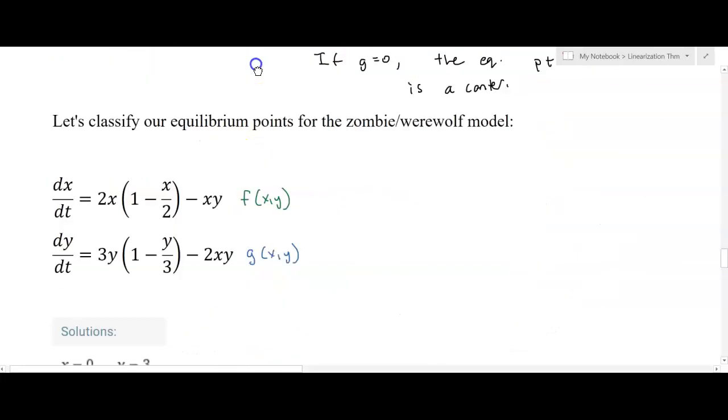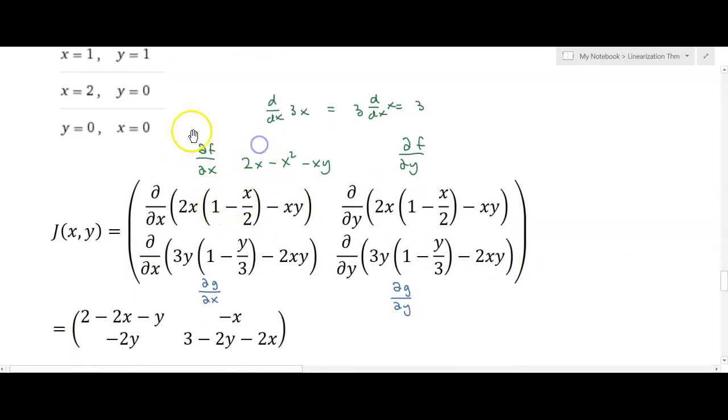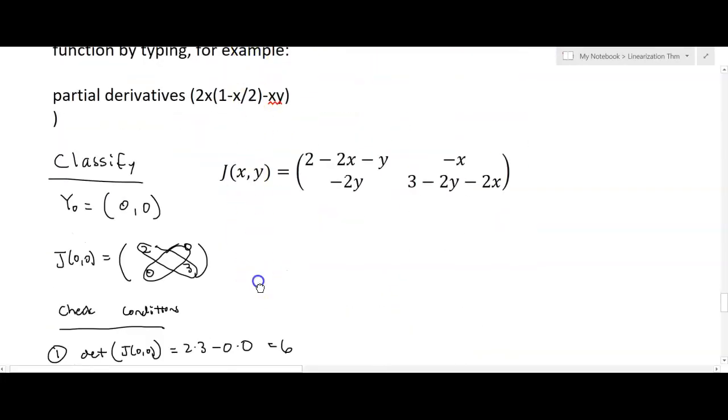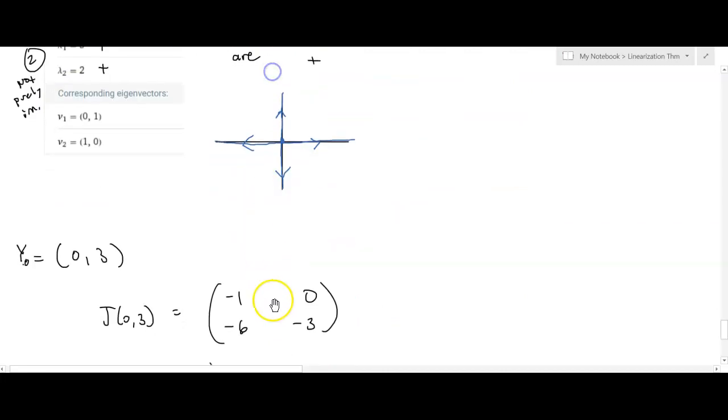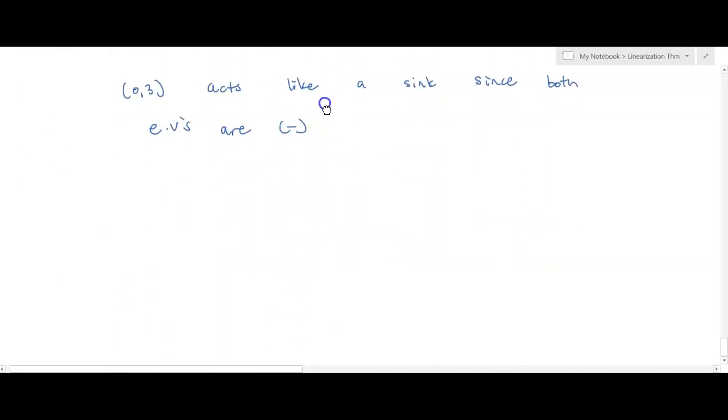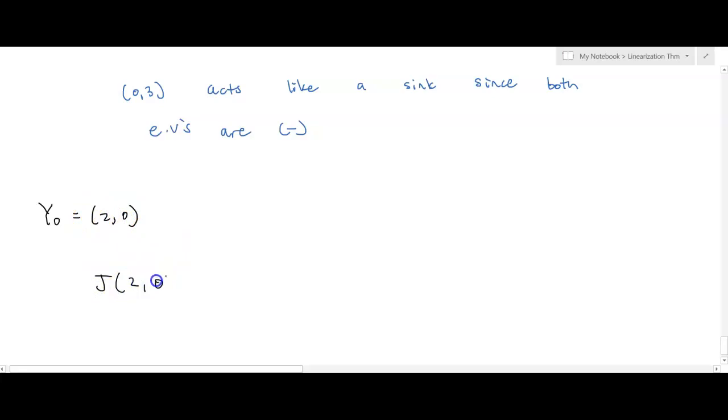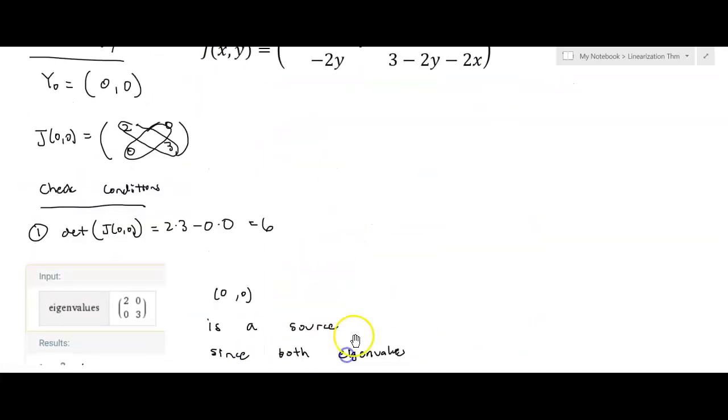And let's go ahead and do the last two. So 2, 0 is another one of them. So compute the Jacobian matrix again. So J evaluated when x is 2, y is 0 is going to be, let's go up to our formula back here.